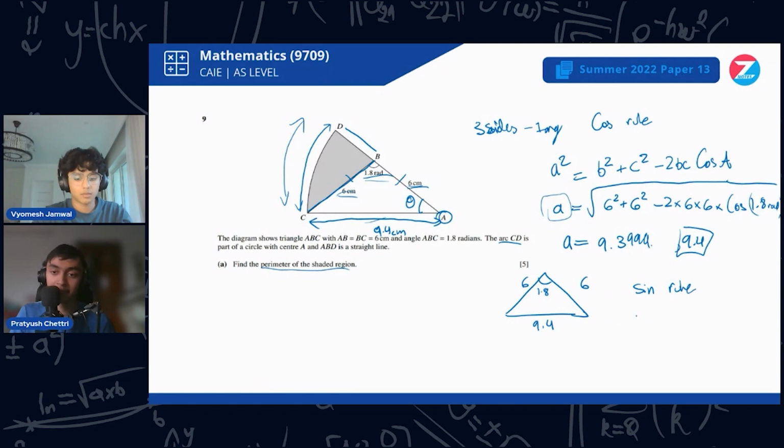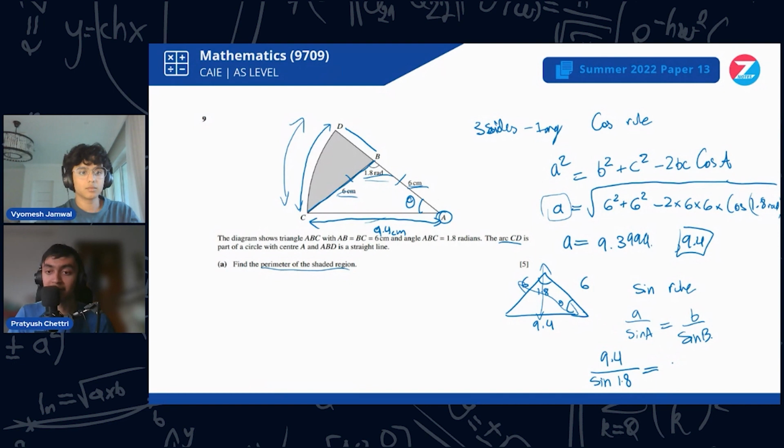Sine rule, which is A over sine big A equals B over sine big B. And I want to find this angle. So I'm going to pair this to this and this to this. Side length 9.4 over sine 1.8 should equal side length 6 over sine theta.